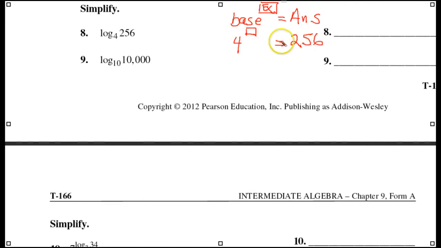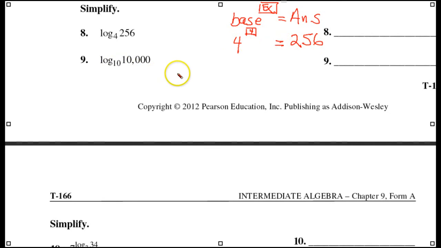Now, if we're using the technique of exponential equations, we can figure out what our exponent would be here, although they're not really asking us that. 4 to the what power is 256? And the answer is to the 4th power. 4 to the 4th is 256.